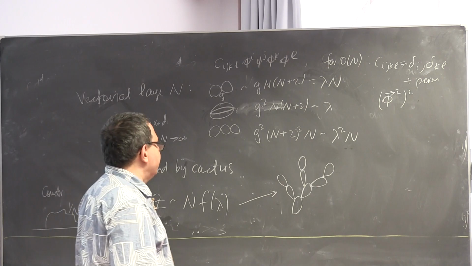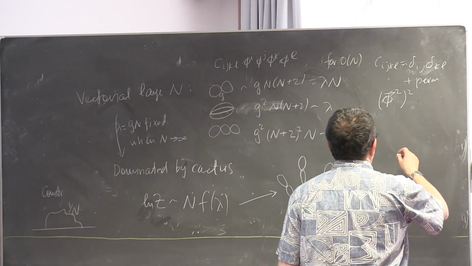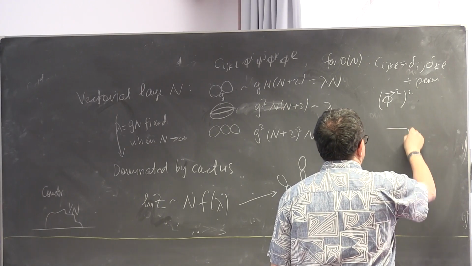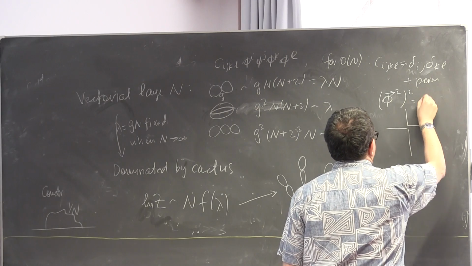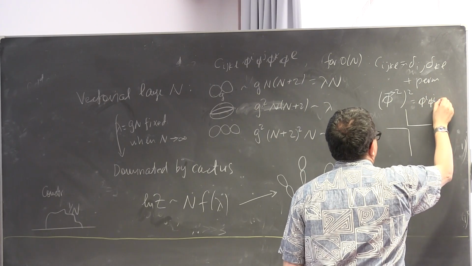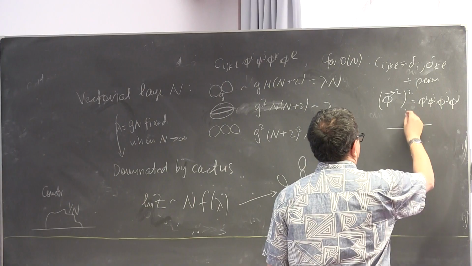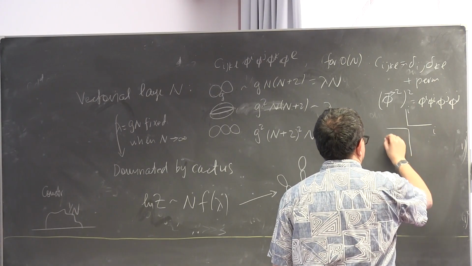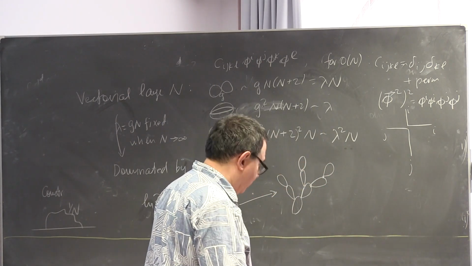Okay, and the index structure of the interaction, if you think about this quartic vertex, it basically looks like this. So this vertex is phi_i, and then you have phi_j, right? So there are two contracted i indices and two contracted j indices.